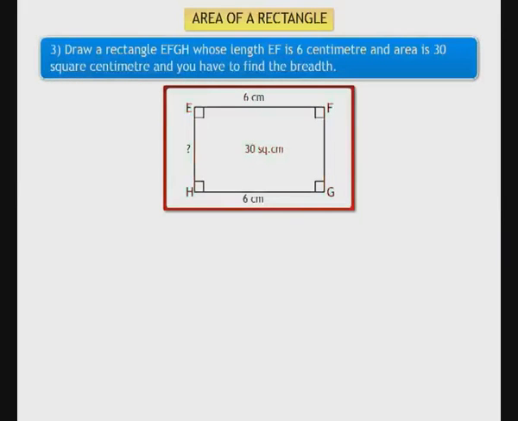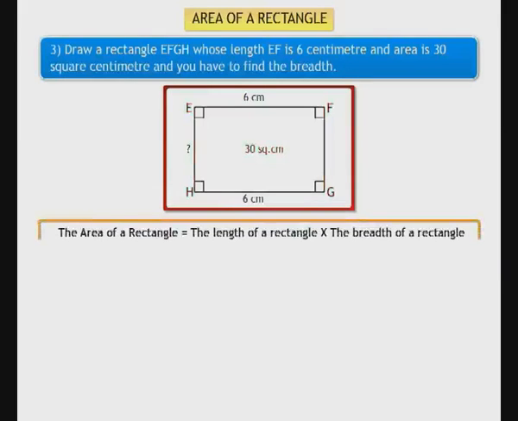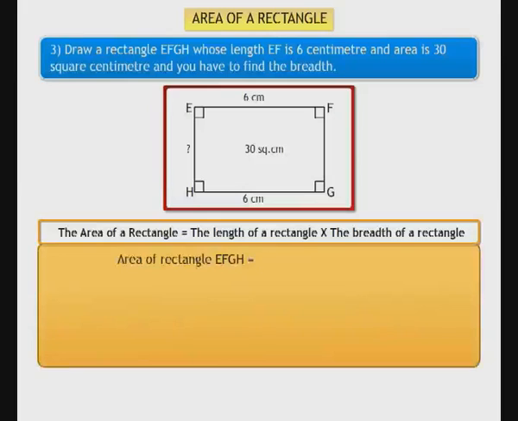By substituting the values, we get 30 square centimeter is equal to 6 centimeter into length FG. Dividing both sides by 6, we get 30 divided by 6 is equal to length FG. Therefore, length FG is equal to 5 centimeter. Therefore, the breadth of the rectangle EFGH is equal to 5 centimeter.